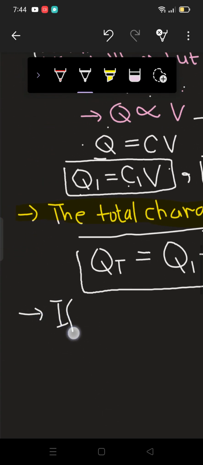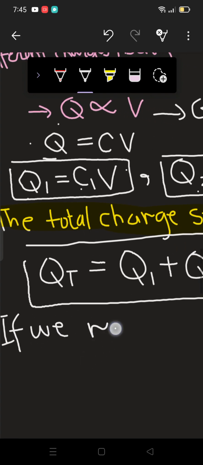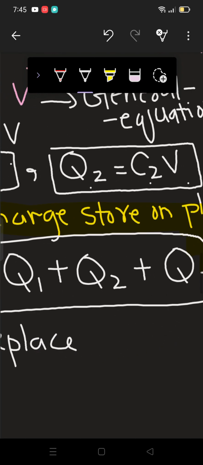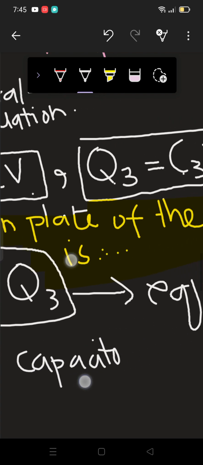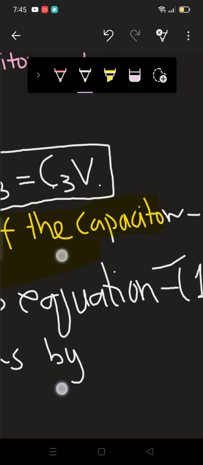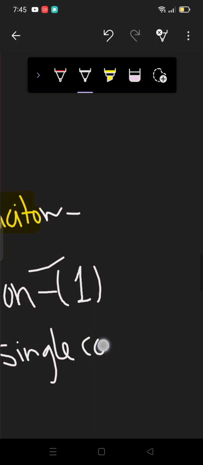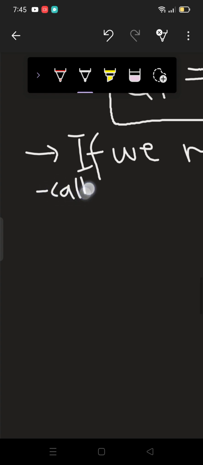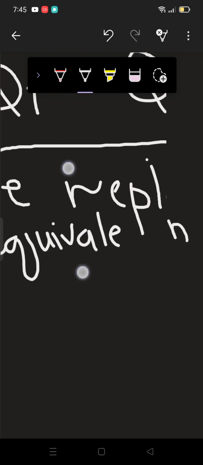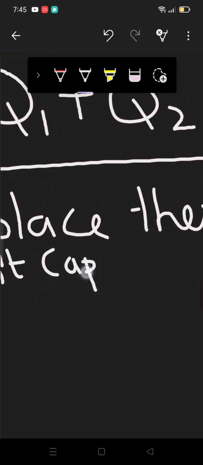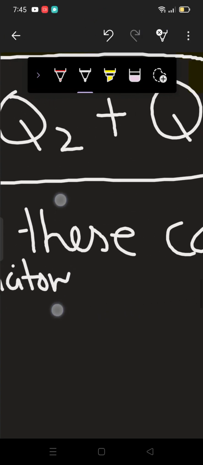Now, if we replace these capacitors by a single capacitor, this would be known as the equivalent capacitor, denoted by CE.